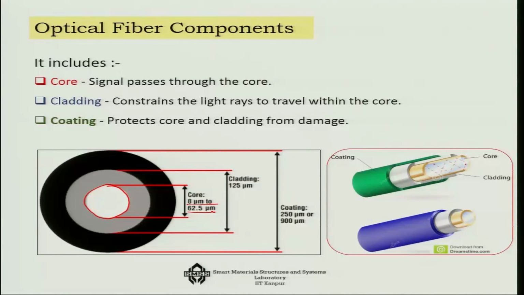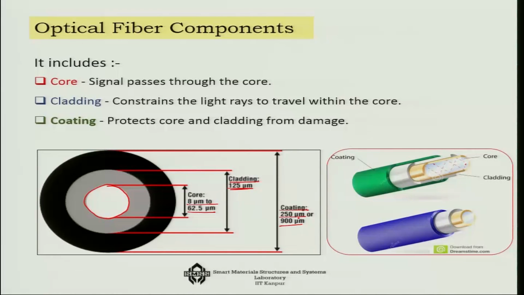Then on top of the core there is the cladding, which is about 125 micron meter, and on top of the cladding there is a coating which is 250 micron meter to 900 micron meter. So it is a 3-layered structure: core, cladding and coating.